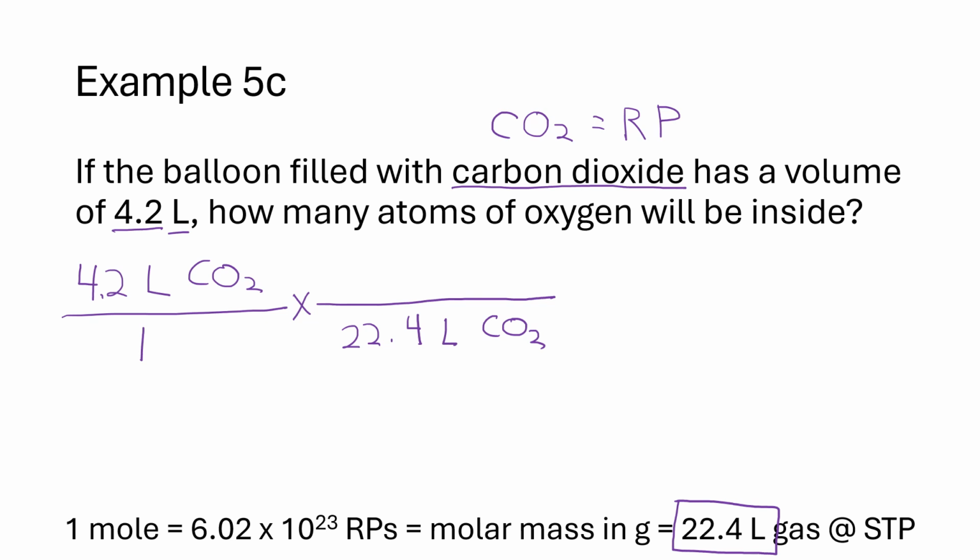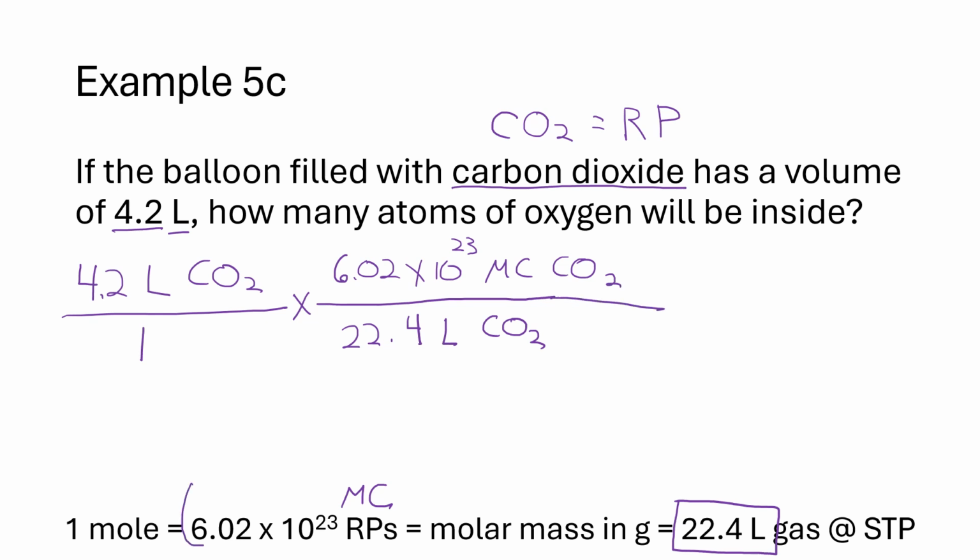And the closest we can get to atoms is atoms of oxygen is the representative particle, which is molecules of carbon dioxide. So up here in the top, I'm going to put 6.02 times 10 to the 23rd molecules of CO2.